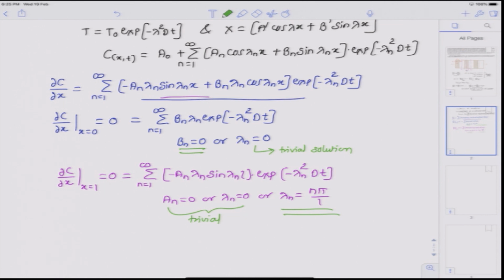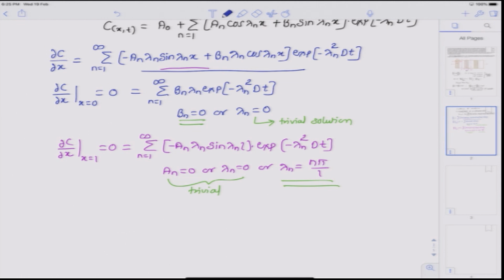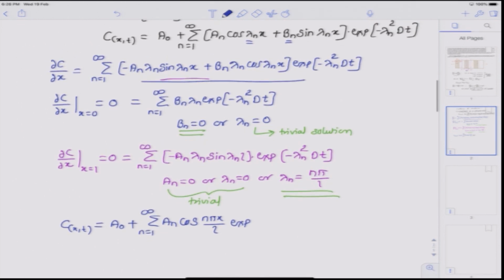So, we have lambda n is equal to n pi over L, and so we get c of x t is equal to a 0 plus sigma n equal to 1 to infinity a n cos of n pi x by L. We substitute for lambda n here, b n is 0, times exponential, substitute for lambda n square, minus n square pi square by L square dt.